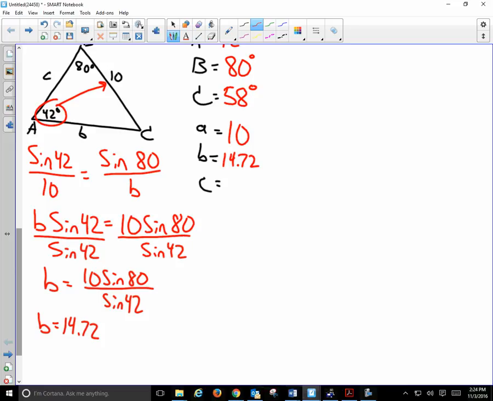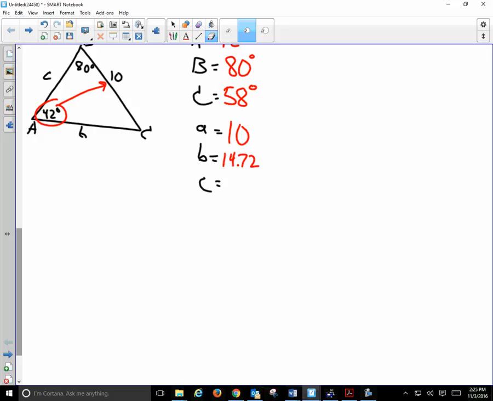Can I use the Pythagorean theorem to find side C? Why? Because it's not a right triangle. A lot of people say, well, do a squared plus b squared equals c squared. It doesn't work. You don't have a 90-degree angle, folks. So we got to find angle C. I'm going to set up the same thing. Sine of 42 over what? 10 equals sine of what?